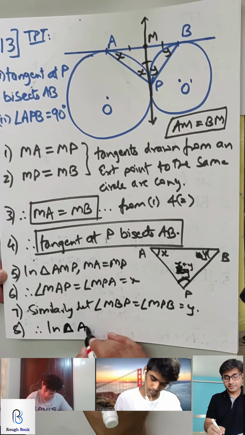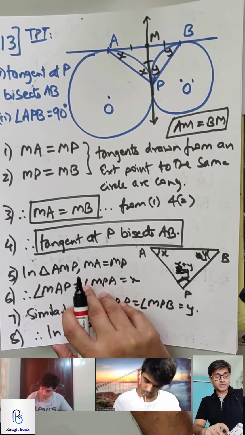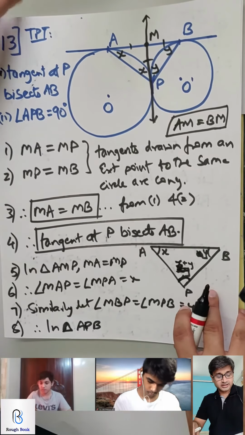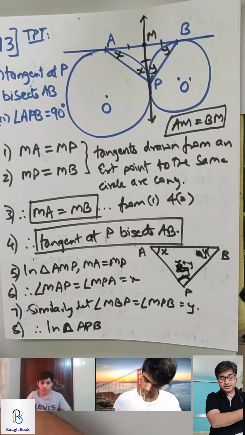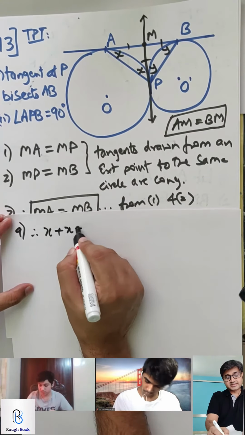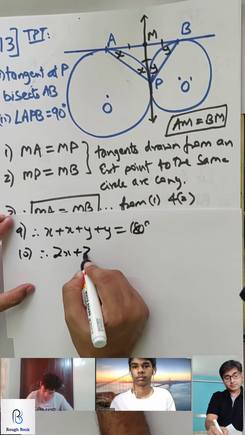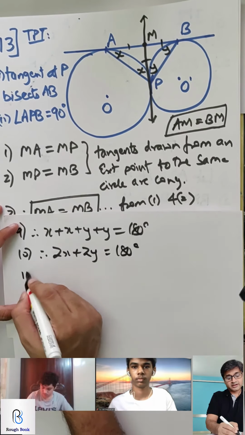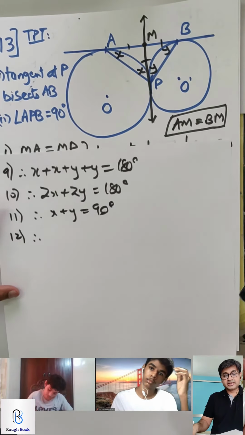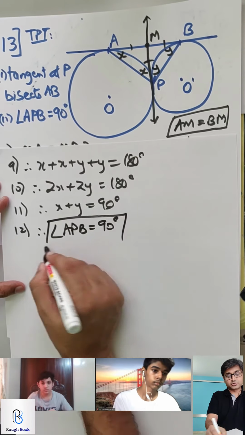So in triangle APB, you can directly say 2x plus 2y is 180, or if you want to write it in detail, let's take a fresh sheet and write on that. So step number 9. So we get 2x plus 2y is 180, and therefore x plus y becomes 90. Now that x plus y is 90, and x plus y is angle APB, therefore angle APB becomes 90, and that's what we wanted.